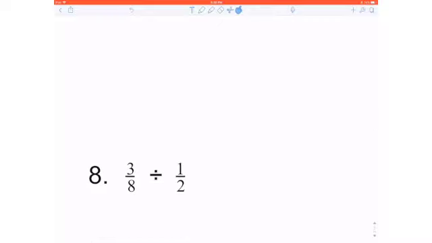Let's see. Do we have another one? Yes, we do. With number 8. So give number 8 a try. It looks like these are perfectly simplified, so you don't have to worry about simplifying them. Just flip that second fraction and multiply.